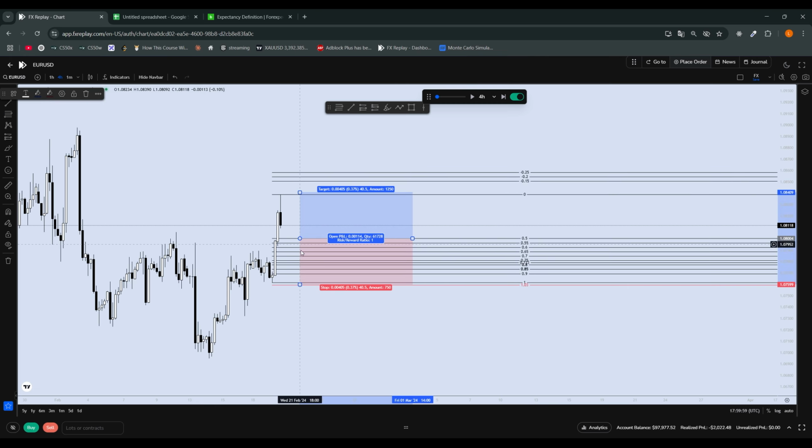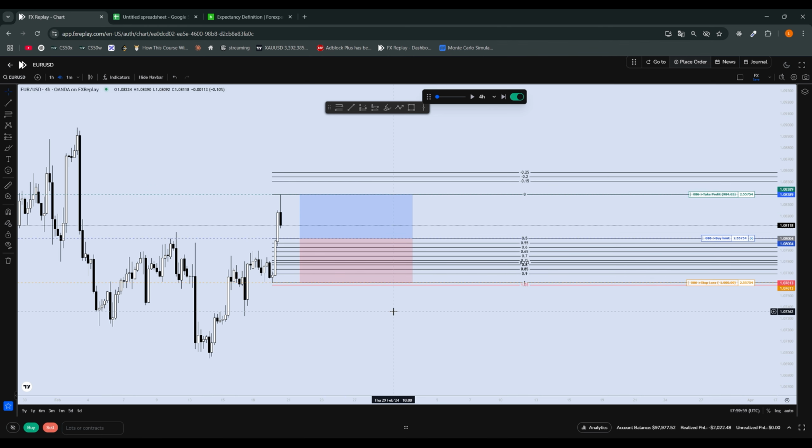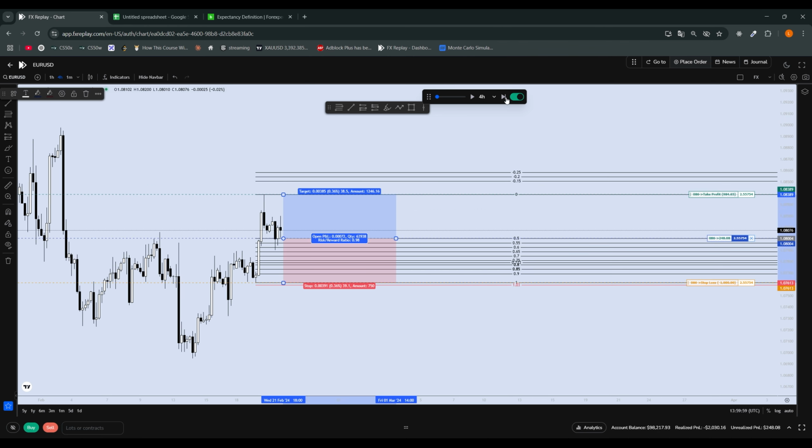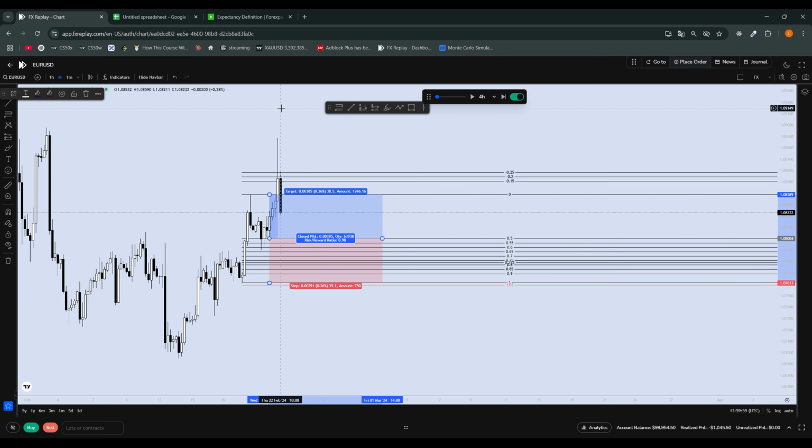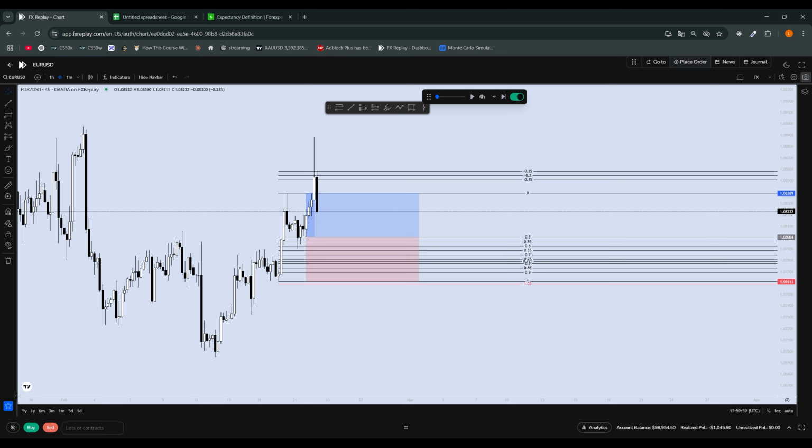Alright. Let's see. This is a range. Okay. We are tucked in.